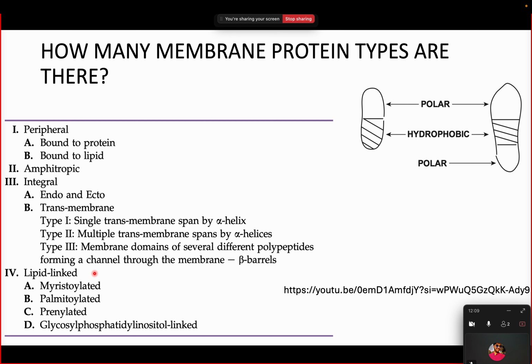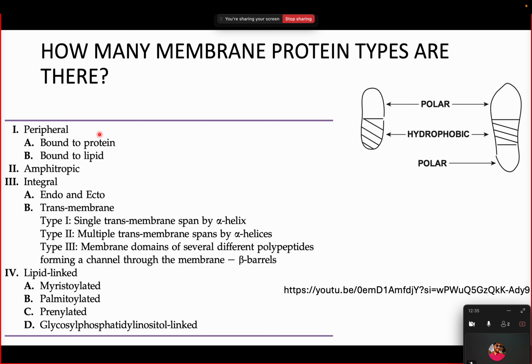Now they have further subdivided these into multiple subclasses. So peripheral proteins can be bound to the protein or they can be bound to the lipid. We will see in the coming slides. Okay, then amphitropic, then integral. Integral further has 2 classes: endo-integral protein and ecto-integral protein, and transmembrane proteins.